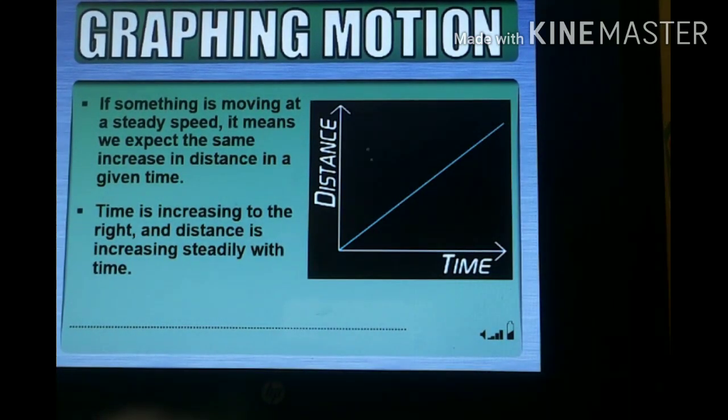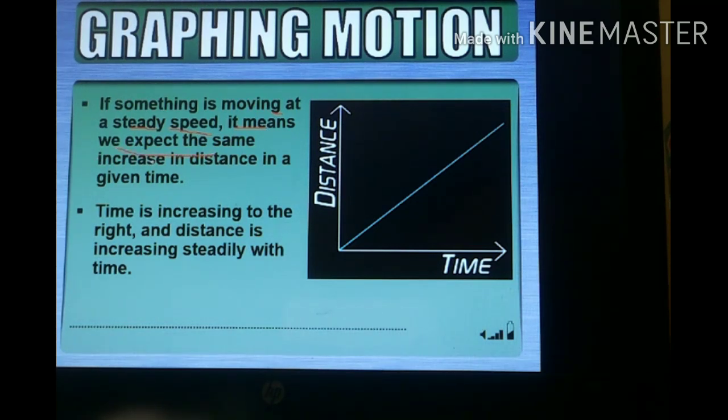If something is moving at a steady speed, steady means uniform speed. It means we expect the same increase in distance in a given time. Like we have already seen, for each 1 second, the distance travelled was 10 meter.